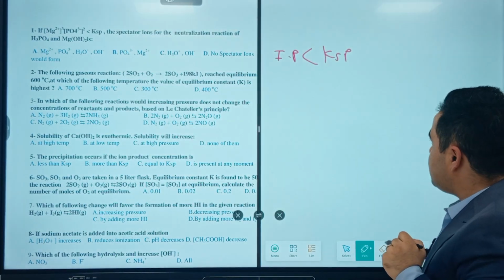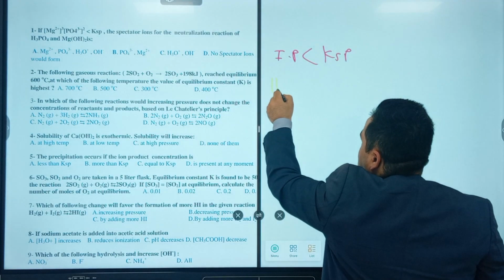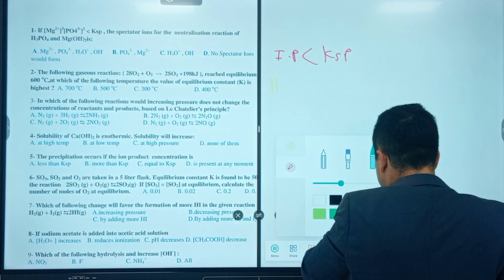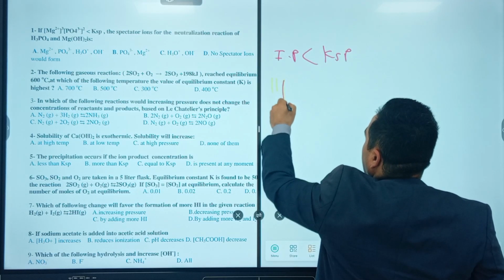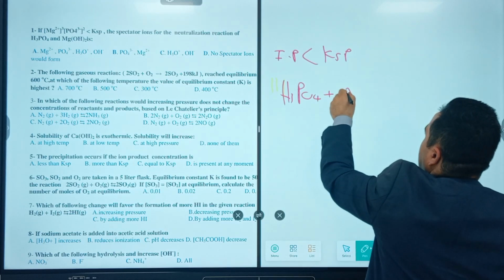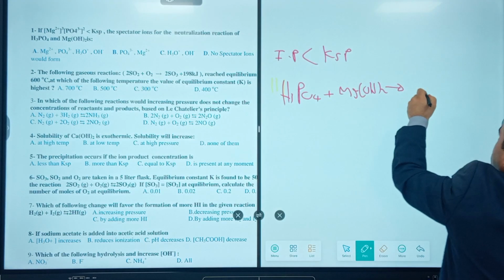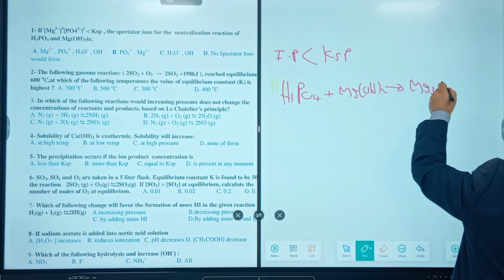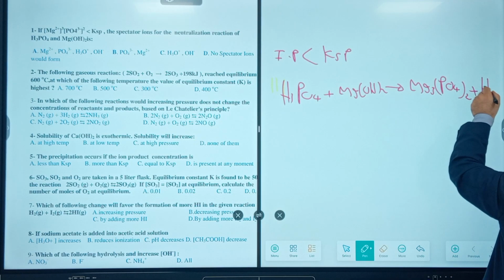The question said the neutralization reaction is between H3PO4 with Mg(OH)2, which will produce Mg3(PO4)2 plus H2O.